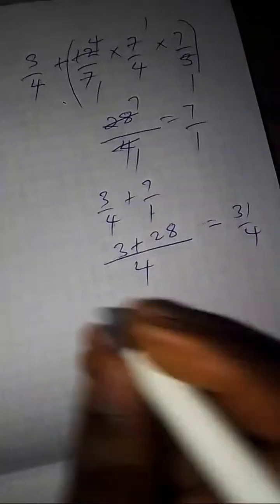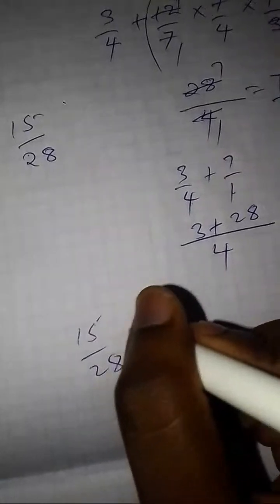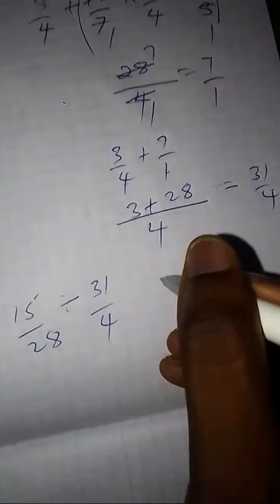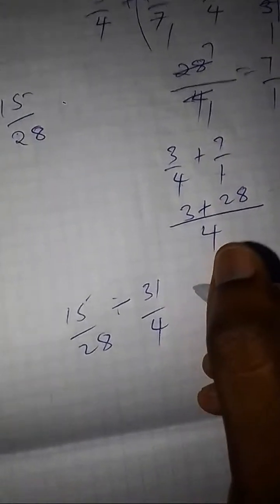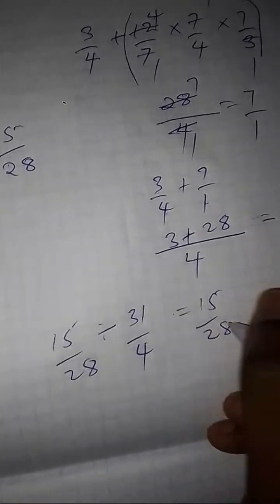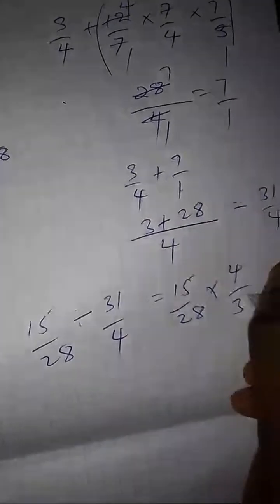31 over 4. So our numerator was 15 out of 28. We now divide it, because over means divide, by 31 over 4. So here we shall have 15 over 28 times 4 out of 31.